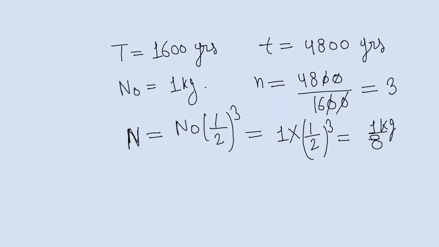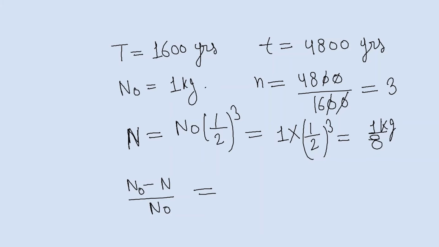Now in the question you have to calculate the fraction. So the fraction will be equal to N naught minus N divided by N naught.